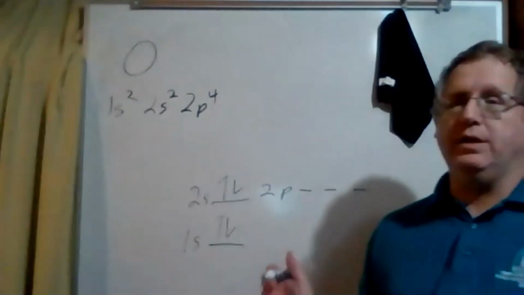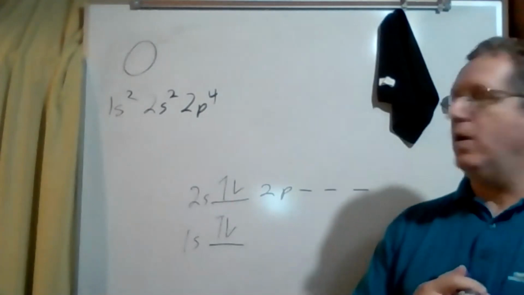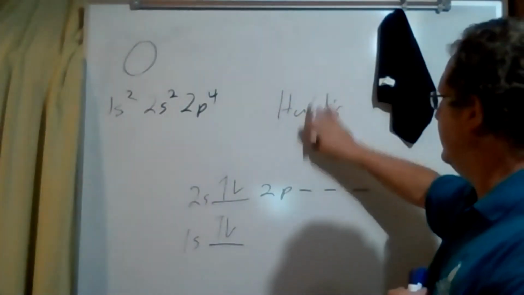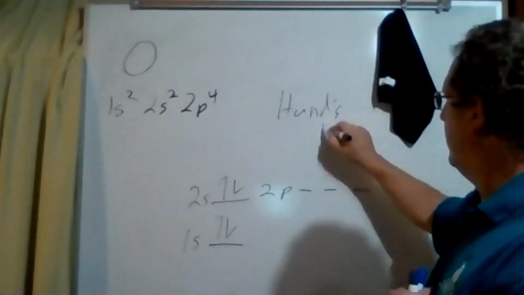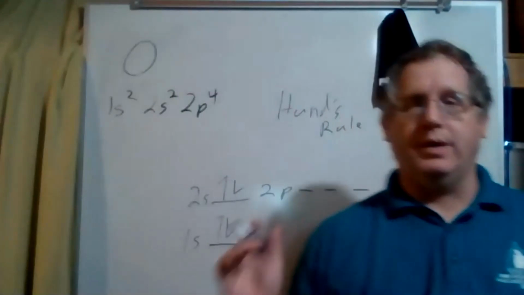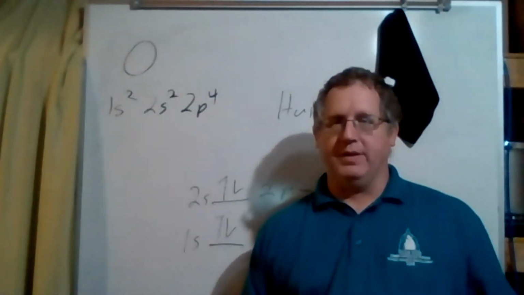In order to continue filling, I need to add one more thing. Now there is something called Hund's rule. Very simply, I put one electron in every orbital if they're degenerate before I have a pair of electrons.